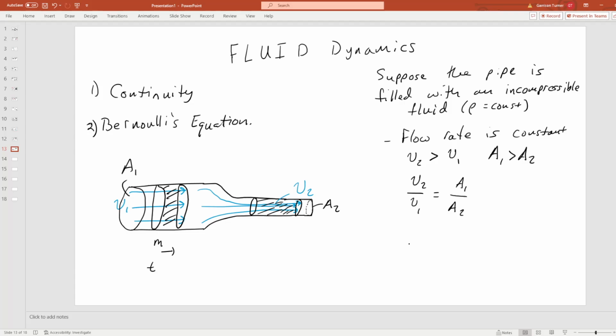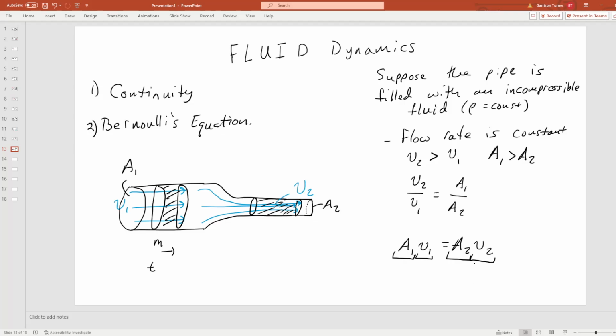If I cross multiply, A1 times V1 equals A2 times V2. So whatever my cross-sectional area in the first part of my pipe is, times its velocity, must be equal to the cross-sectional area in the second part of the pipe times the velocity there.